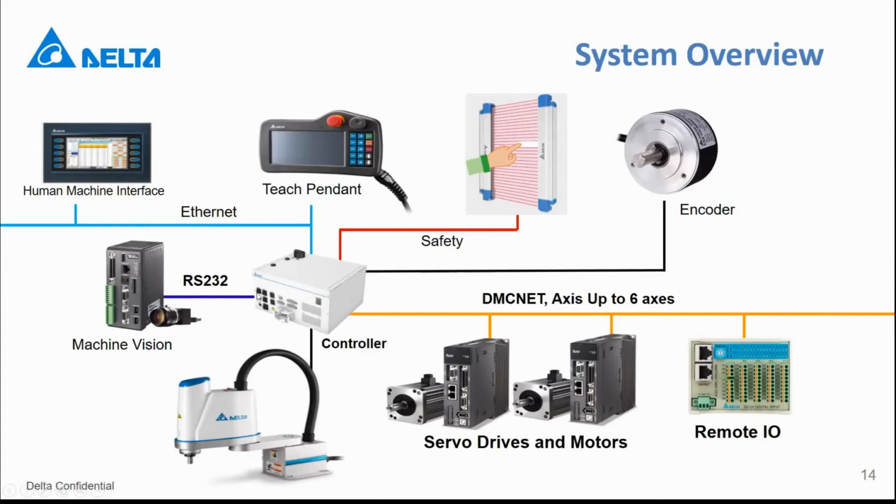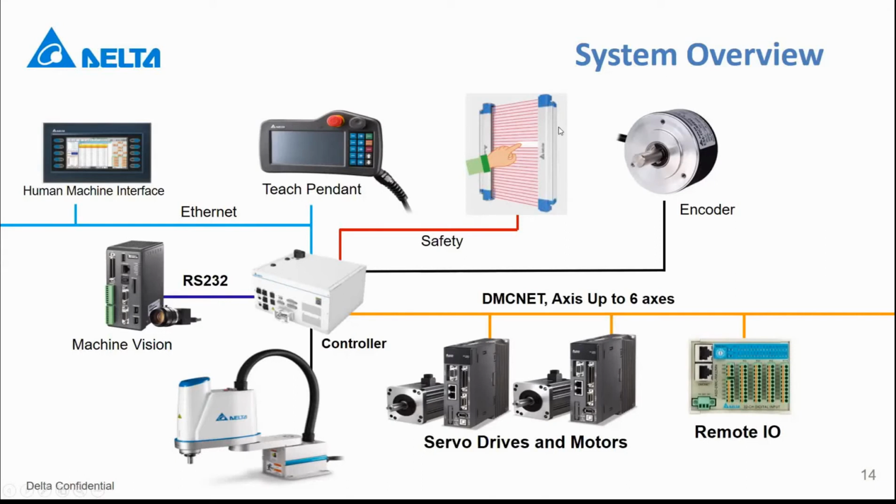So for 232, we have Modbus RTU, and for Ethernet, we have Modbus TCP. But for now, we're also working on other Ethernet protocols like OPC UA and EtherNet/IP. And we will support these two protocols soon.